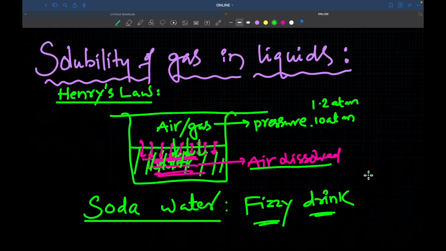For example, if you take Thums Up or Sprite, how will the bottle be? This bottle is tightly capped. Some liquid is placed in the bottle, carbon dioxide at high pressure is pumped into it, and it is sealed tightly. This is how fizzy drinks are manufactured.